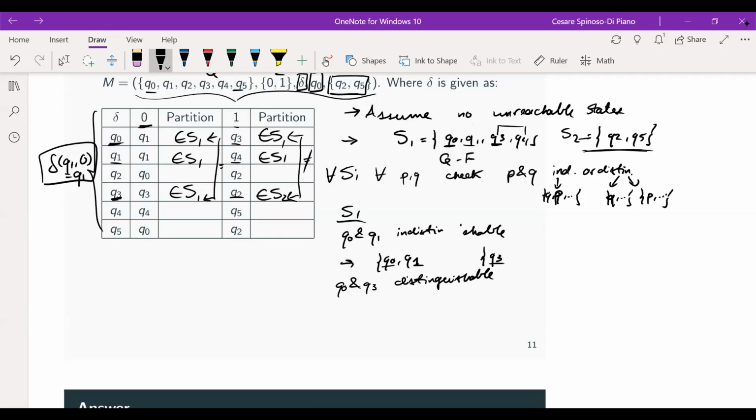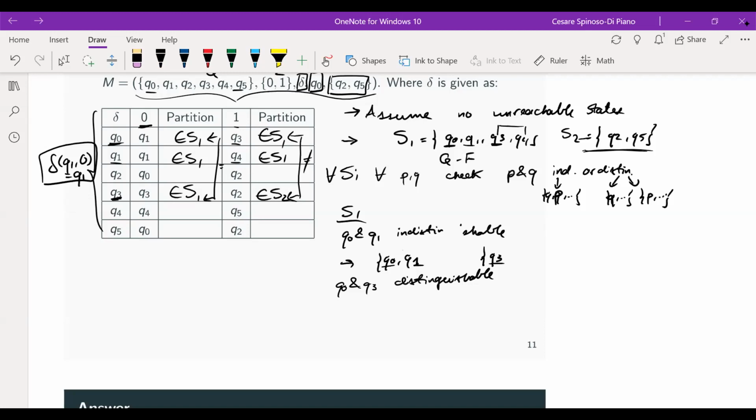If you had no previous idea, then I would do the rigorous sequence way, checking Q0 with Q4 and so on. But I have a feeling that Q3 and Q4 might be indistinguishable. And I can see, because here Q3 and Q4 are in S1 and Q2 and Q5 are in S2. So it might look like they are actually indistinguishable.